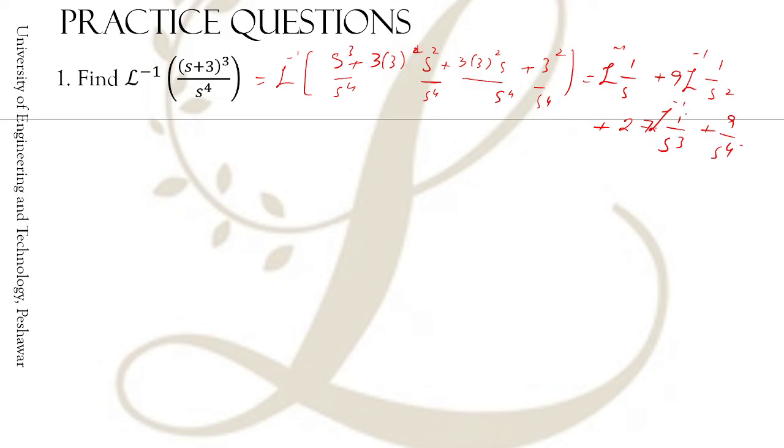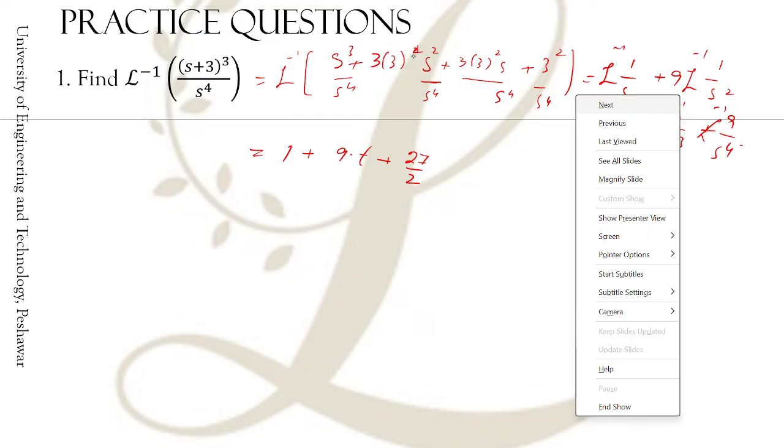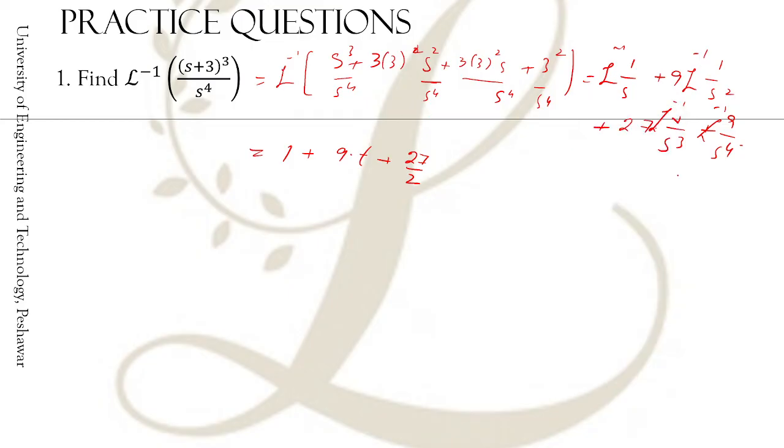Now this can be simplified: Laplace inverse of 1 over s is 1, 1 over s square is t, whereas this one will be written as 27 by 2, because we need 2 factorial in the numerator, so we multiply by 2 as well. So we get 27 by 2 into t square.